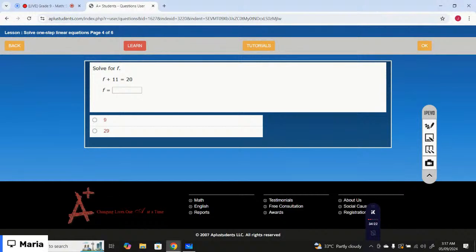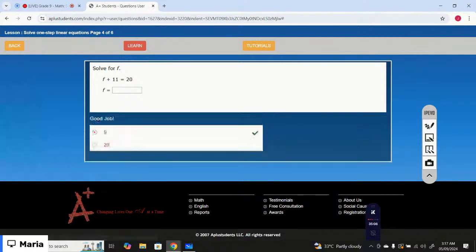The correct option is f equals 9. You have to subtract 11 on the other side. So the correct option is 9. Option number 1 is the correct option.